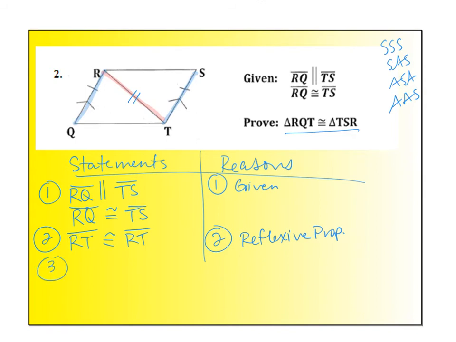Cool. Is that enough information? Nope. I only have 2 sides so far, and I need at least 3 things. I do not think I know anything about the third set of sides yet, anyway. However, the fact that these 2 blue lines are parallel to each other makes me think about, if this is parallel to this, and then segment RT cuts through like the transversal, I'm thinking of this angle right here, angle QRT, and angle STR, those 2 green angles, right?